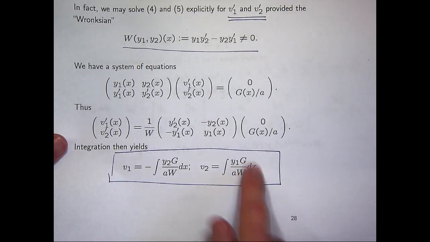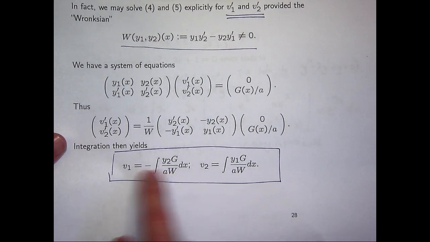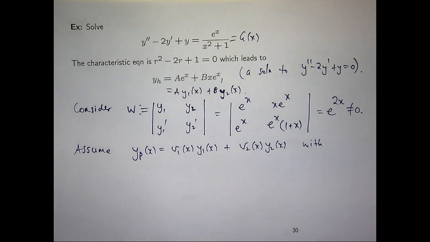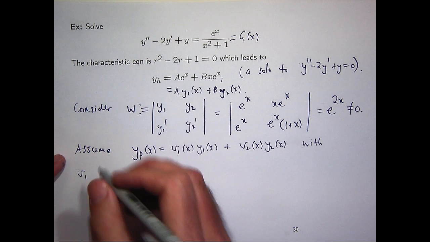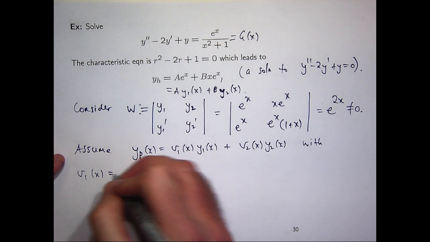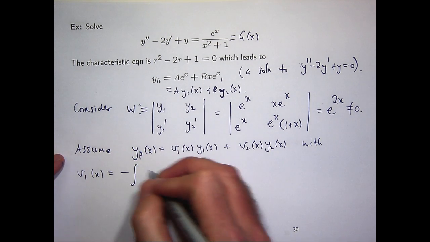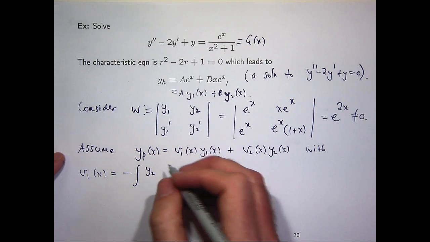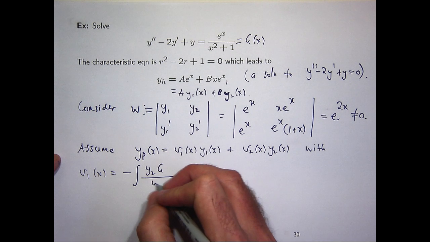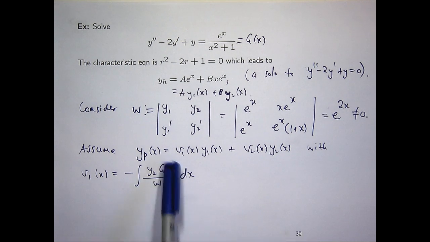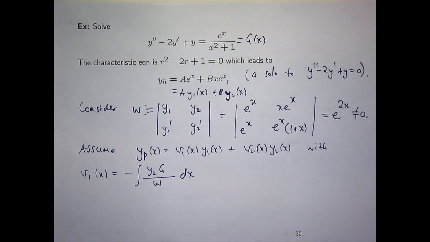Now going back to this representation here, we're going to use both of those to calculate v1 and v2. So let's just calculate those separately. Just to save a bit of space, I'm not writing in the x's.